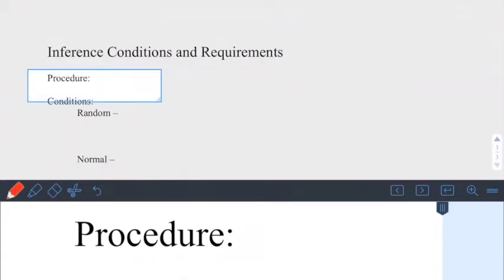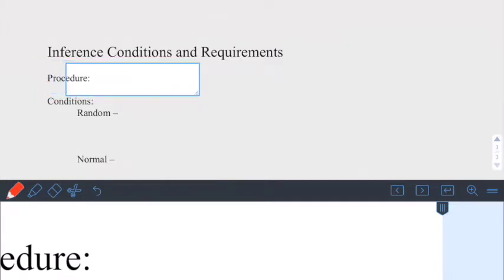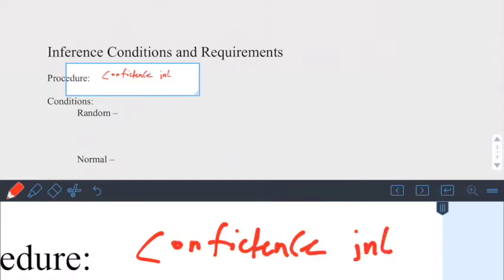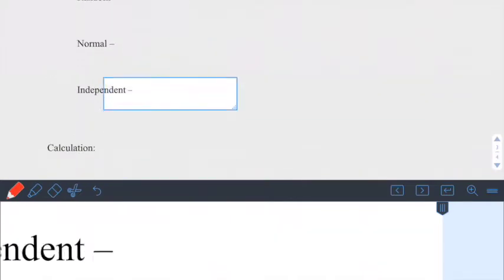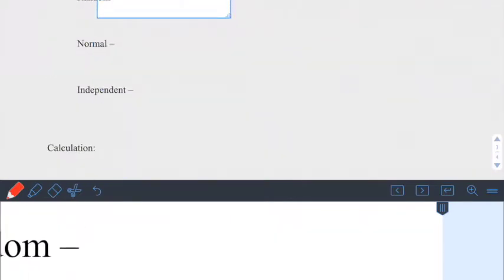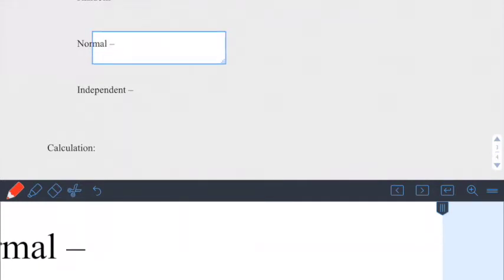So when we do all of this, we need to start following this pattern. We need to state the procedure. So this is the confidence interval. We have the conditions, our three conditions. We need our random condition, that is a random sample or random selection or a random assignment. We need a normal sampling distribution. So remember those things from the last chapter.